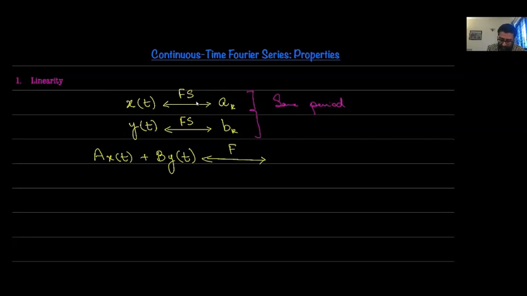The Fourier series coefficients for this signal are going to be equal to capital A times a sub k plus capital B times b sub k. In other words, the Fourier series coefficients are also a linear superposition of the individual Fourier series coefficients of x and y. Now, how do you prove this? I'm not going to do it here, but I urge you to try to do this on your own. It should be simple enough, and the proof follows directly from using the analysis equation.